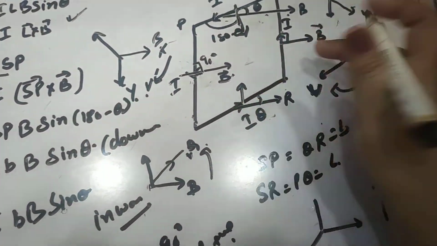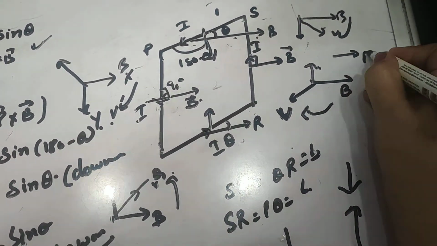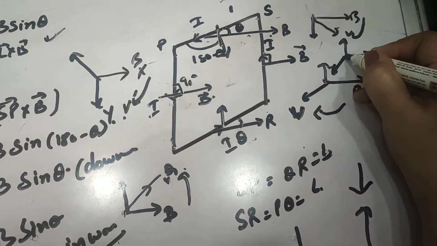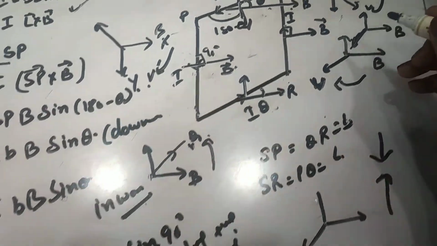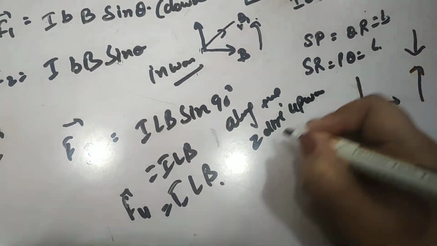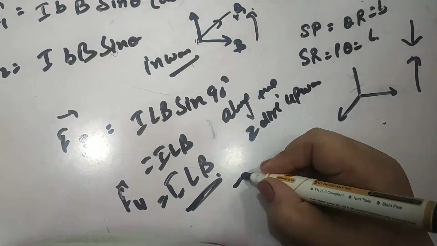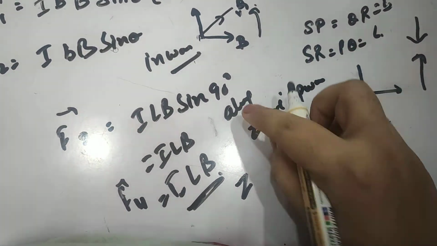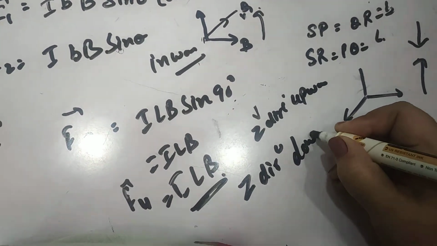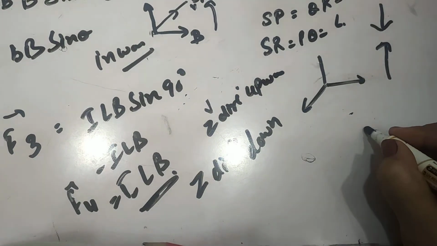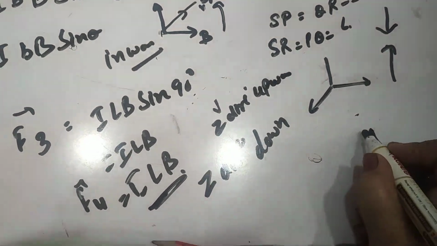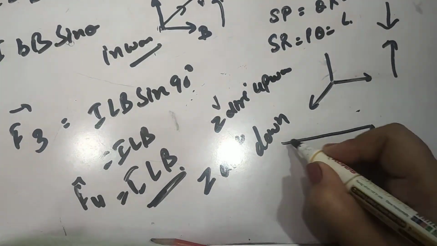And in this case, this is B, and the current is moving in this direction, so the force will be in the Z direction downward. So we can say at this point it is acting in the Z direction downward, and another one is acting in the Z direction upward.